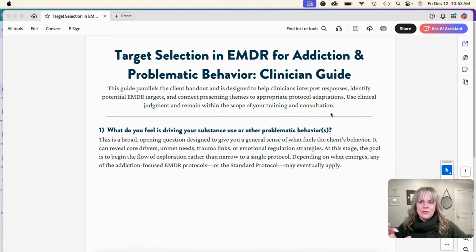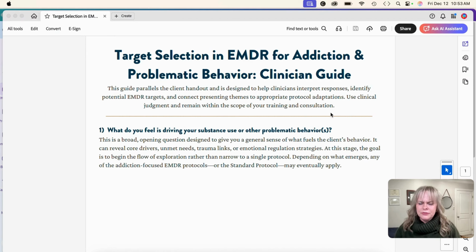But the purpose of this clinician guide is to have everything you need prepared so that whenever it is you decide to start engaging in the desensitization process of EMDR, or even resourcing, this can help you with that too, that you have everything ready to go and you're not fumbling and trying to figure out the questions you need to ask to then begin whatever treatment protocol there is, because there are a lot of addiction focused EMDR protocols.